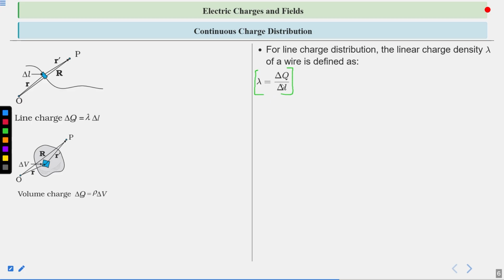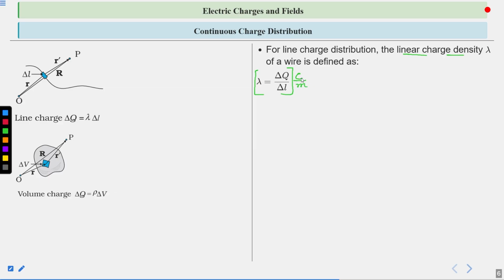And here the question arises, what will be the SI unit of linear charge density? We know delta Q is the charge contained by the small element delta L, and delta L is the small length element. We know charge is measured in coulomb and length in meter.